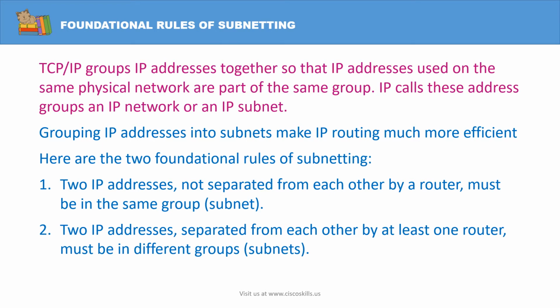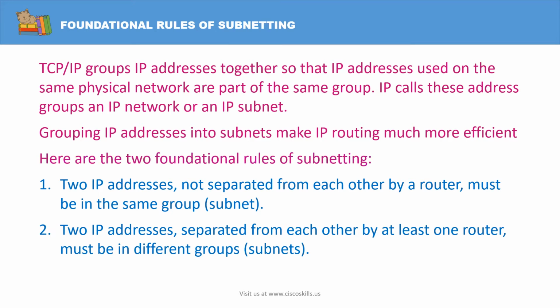TCP/IP groups IP addresses together so that IP addresses used on the same physical network are part of the same group. IP calls these address groups an IP network or an IP subnet. Grouping IP addresses into subnets makes IP routing much more efficient.